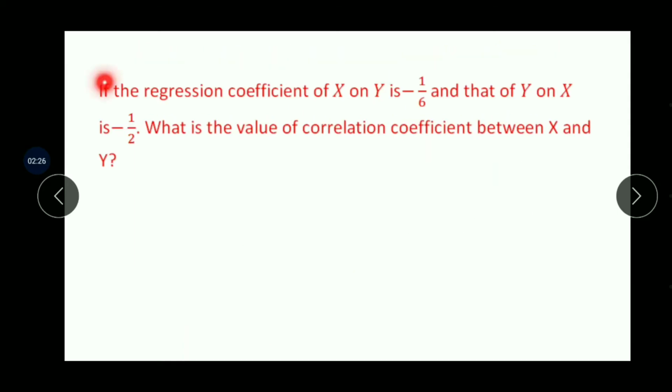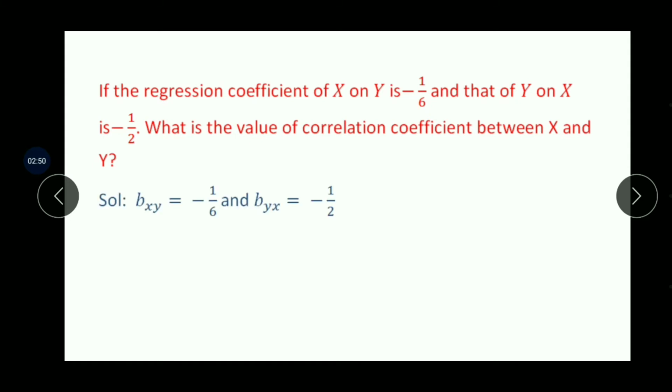If the regression coefficient of x on y is minus 1 by 6, so we are given bxy, and that of y on x is minus 1 by 2, and we are given byx. What is the value of correlation coefficient between x and y? We have to find the correlation coefficient which is r.